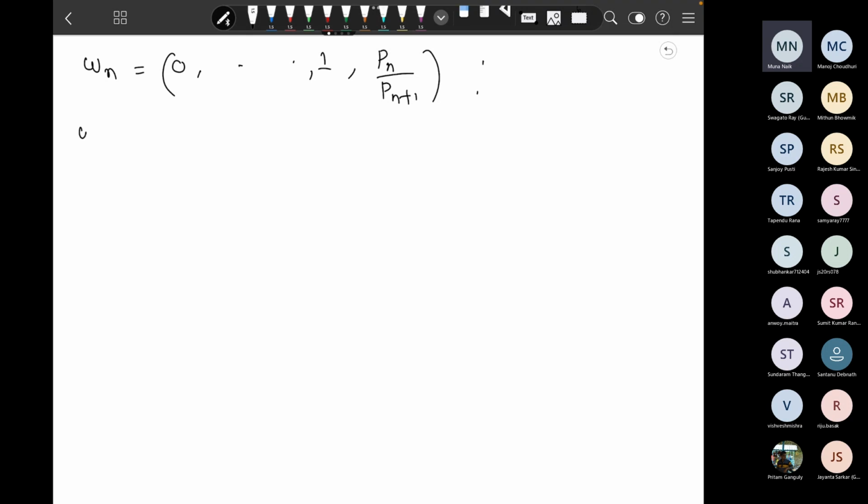This thing w1, w2, wn will be a basis for W. This is clear, but if you know a bit about this bilinear form, then it is also clear from there.